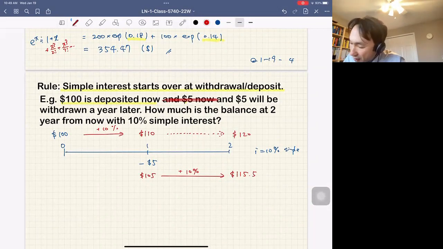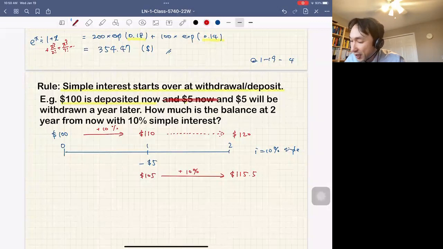So only $10, but we have withdrawn some money, and the interest actually increased from $10 to $10.50. So it's very unreasonable, but this is the way to calculate simple interest, just to simplify the situation.